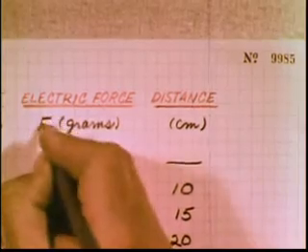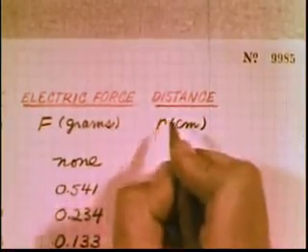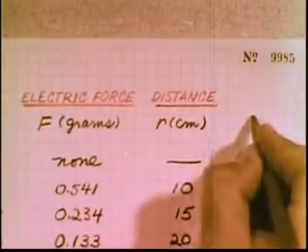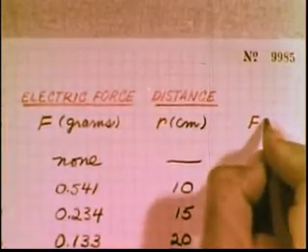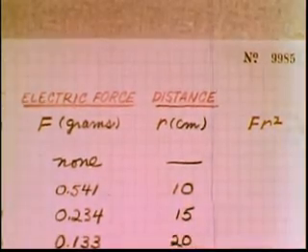F is the electric force. R is the distance between the centers of the spheres. F times R squared should give a constant product.